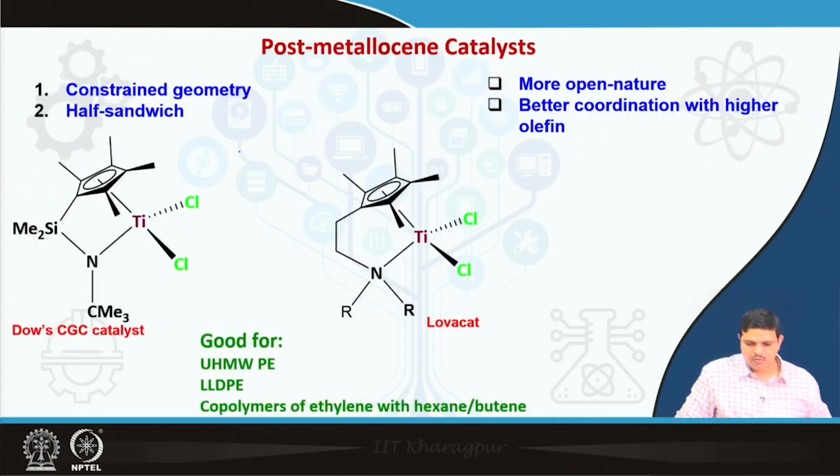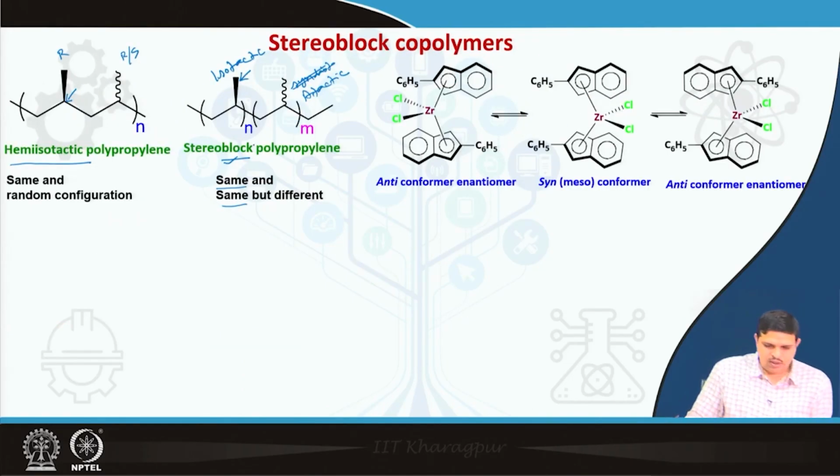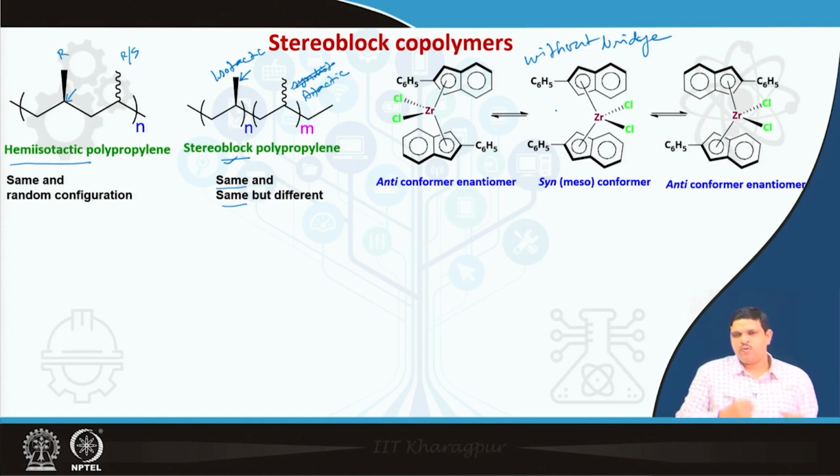Now you see that this is very interesting. If you use this catalyst, you see, without a bridge, and as the barrier between the two conformers is quite good, that's why they can exist, and the lifetime is sufficient enough to react with the alkene, the prochiral monomer.